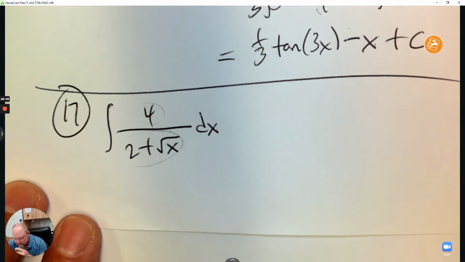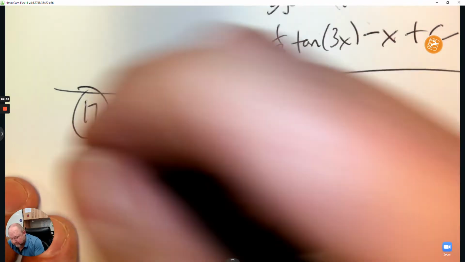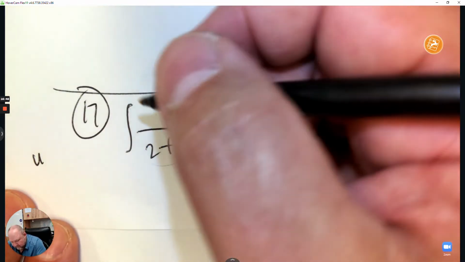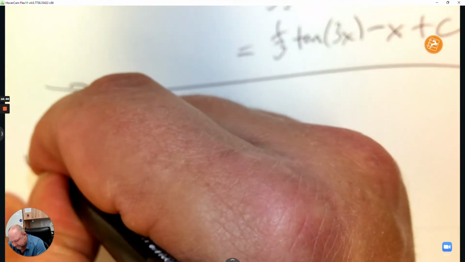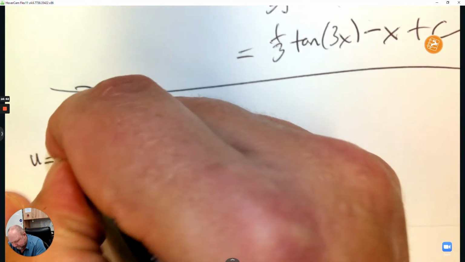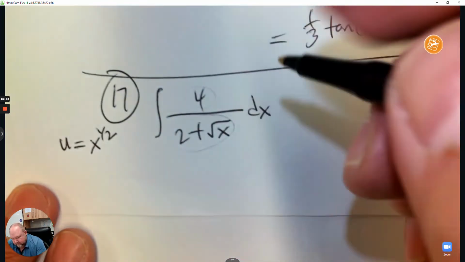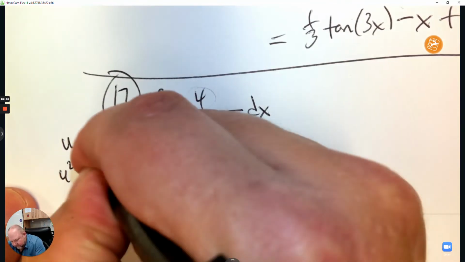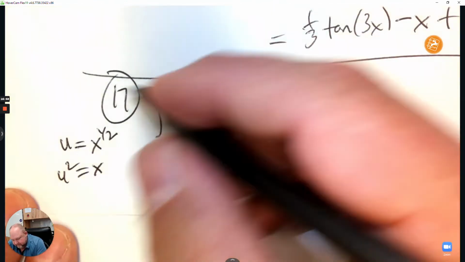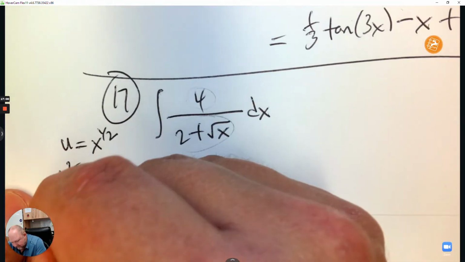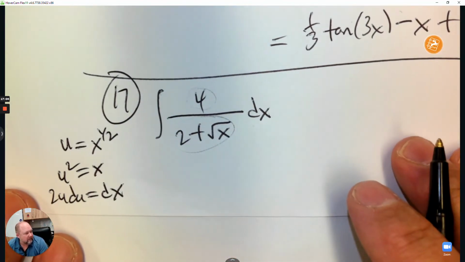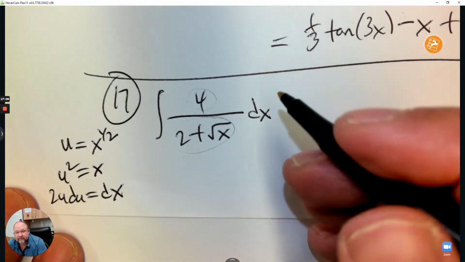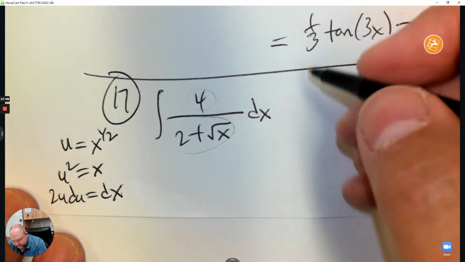I'm going to have to do a u substitution. So u is going to equal the square root of x, which means x is u squared, which means the derivative is 2u du. Come back here.